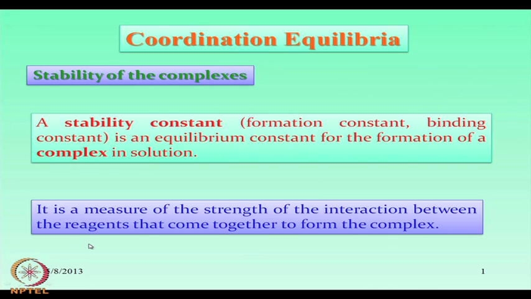In those cases, one component is binding to the other. In that case also the species forming on the right hand side due to the binding of the two fragments on the left, we call it a complex species, and in all these cases we can have the corresponding constant, which is known as the stability constant or the formation constant for the complex species.